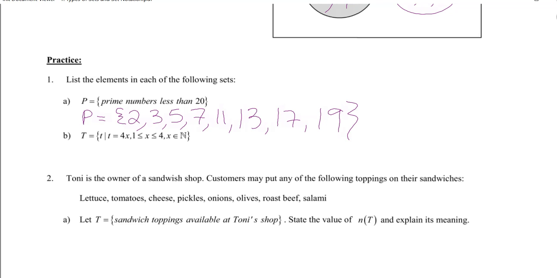And capital T consists of the set of little t, and little t is defined as 4 times x. So the first number, x, we can use is 1. 4 times 1 is 4. What would the next number be in capital T?